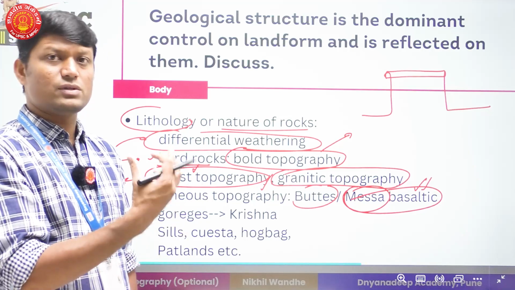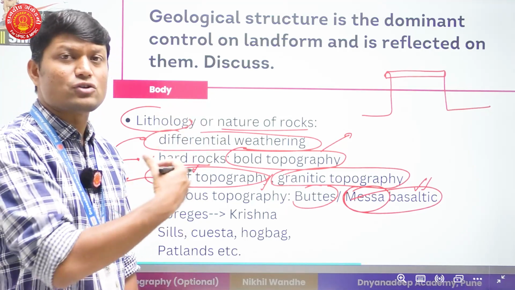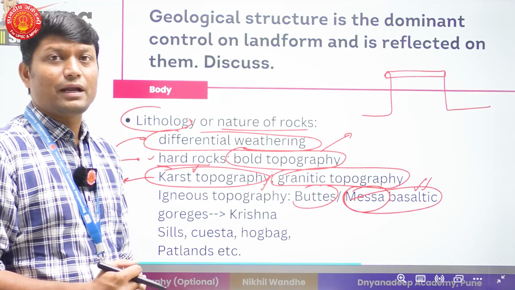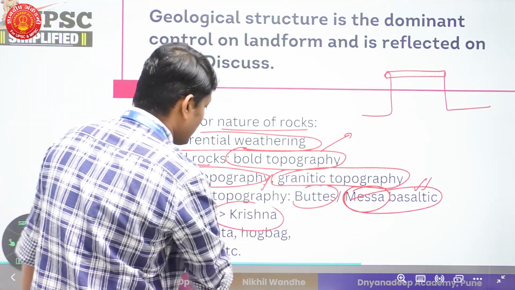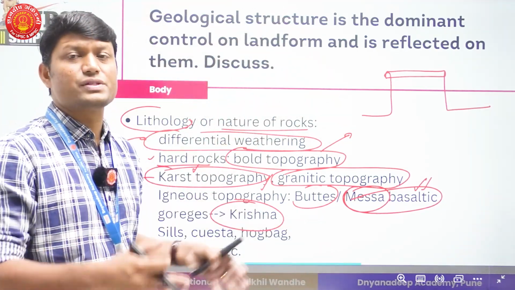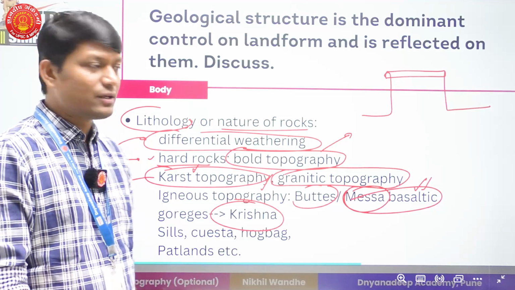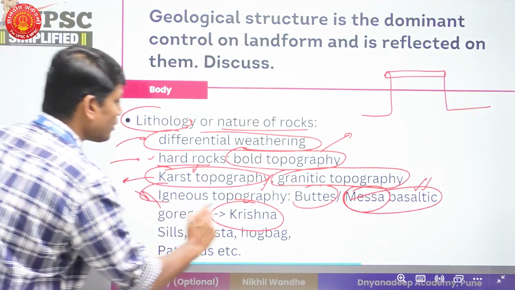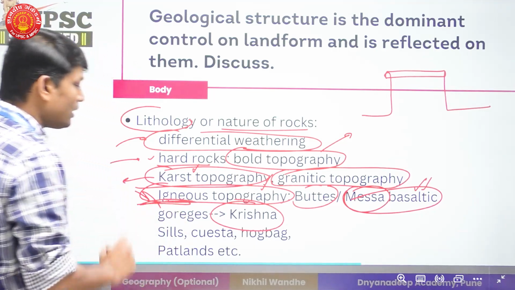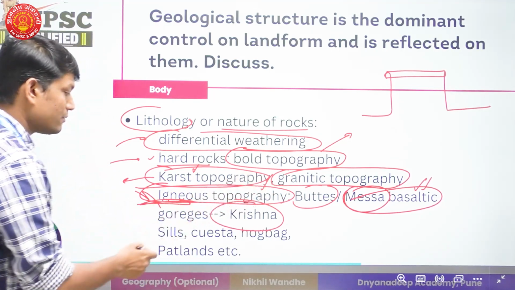Look at the topography which you will find in the western parts of Maharashtra or in the basaltic peninsular plateau, right? So, example is Krishna Valley. If you look at Krishna Valley, you will find that there are basaltic cliffs which are formed in that particular valley. So, this type of topography is dependent on what? The geological structure. Since we have an igneous rock, that topography is different.